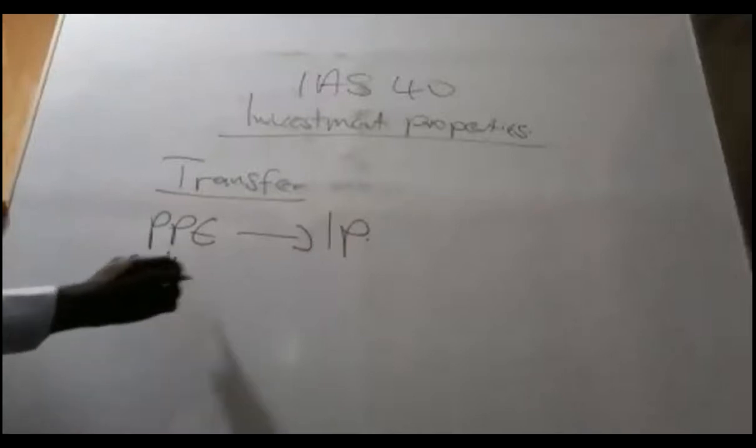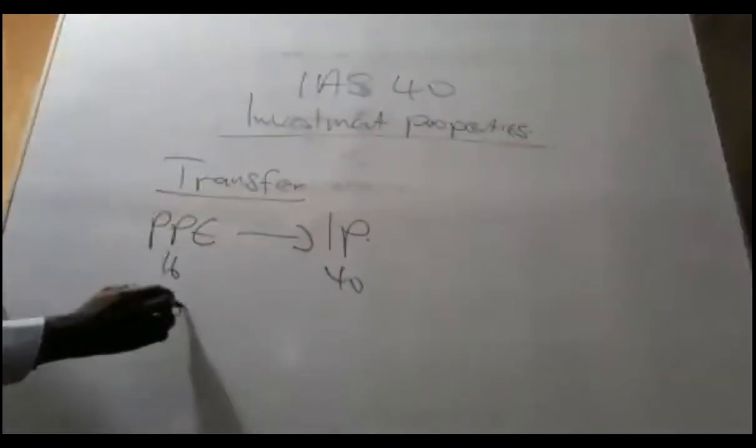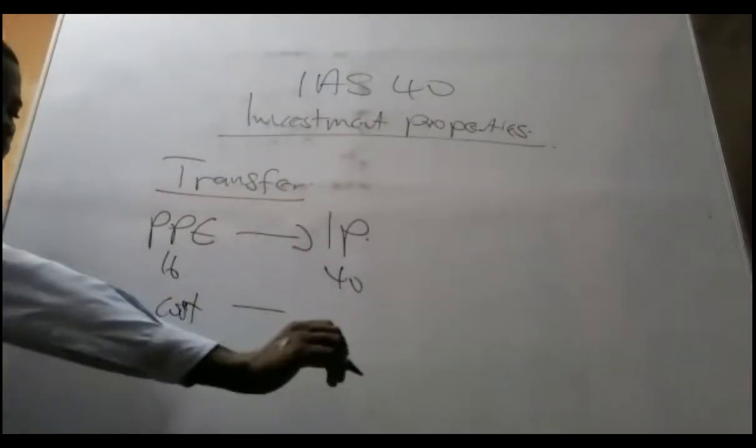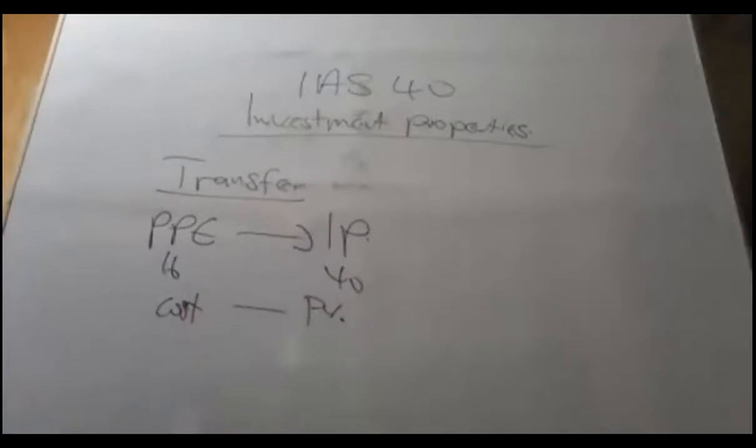That's from IAS 16 to where? IAS 40. This illustration will also qualify for a transfer between cost model to fair value model.